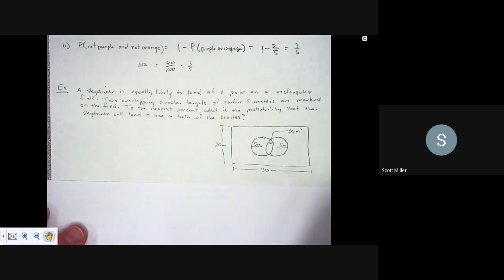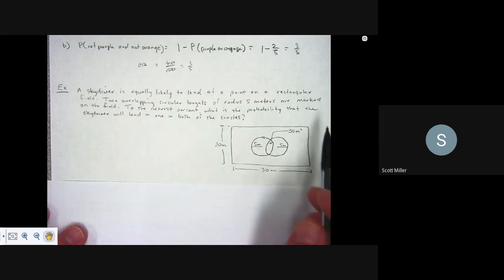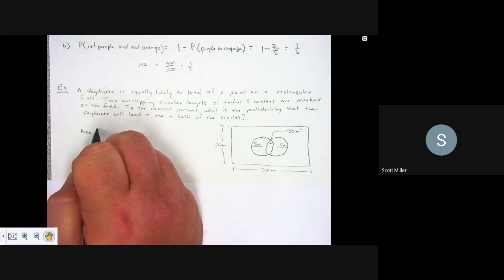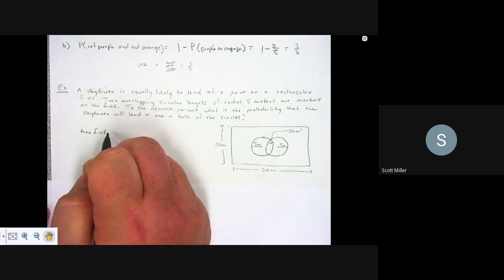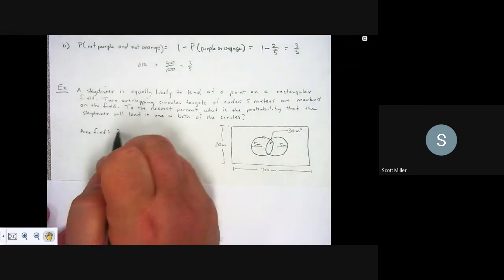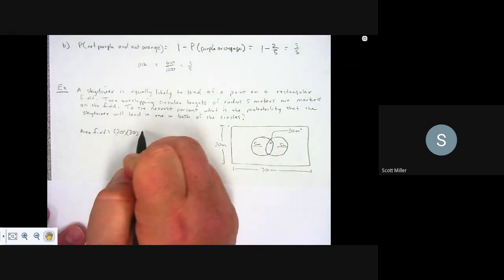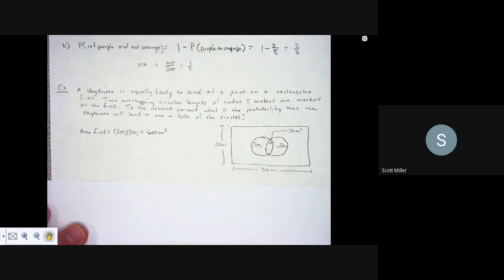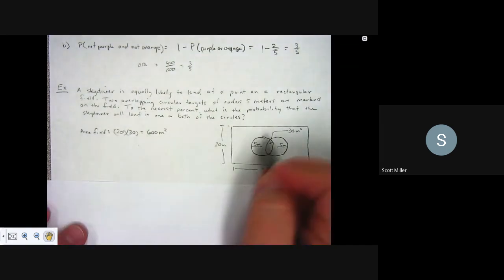Okay. So to do that, this is an area probability. So we need to find the area of everything. So what is the area of the field? Well, the area of the field is length times width, so it'd be 20 times 30, or 600 square meters. And then we have 2 overlapping circles.